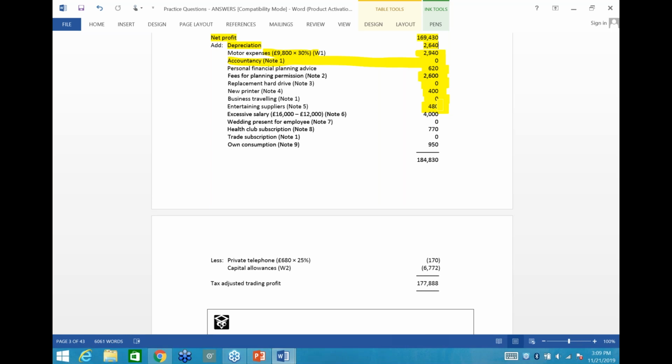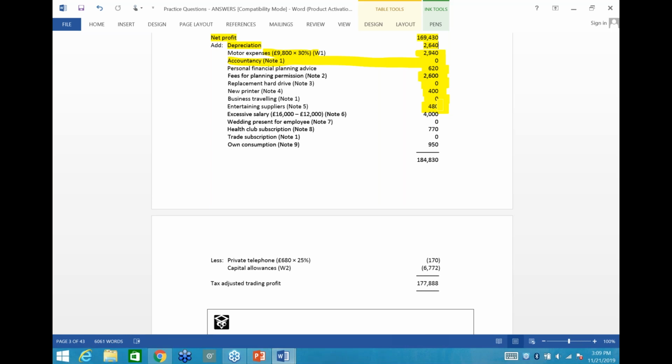The question clearly says there's a sales assistant working for the business who's paid £12,000 per annum. But to do the same job, you're paying 16,000 to your wife. So you're paying 4,000 extra to your wife because she's related to you. To do the same job, if you recruit a person from outside, you pay only 12,000.